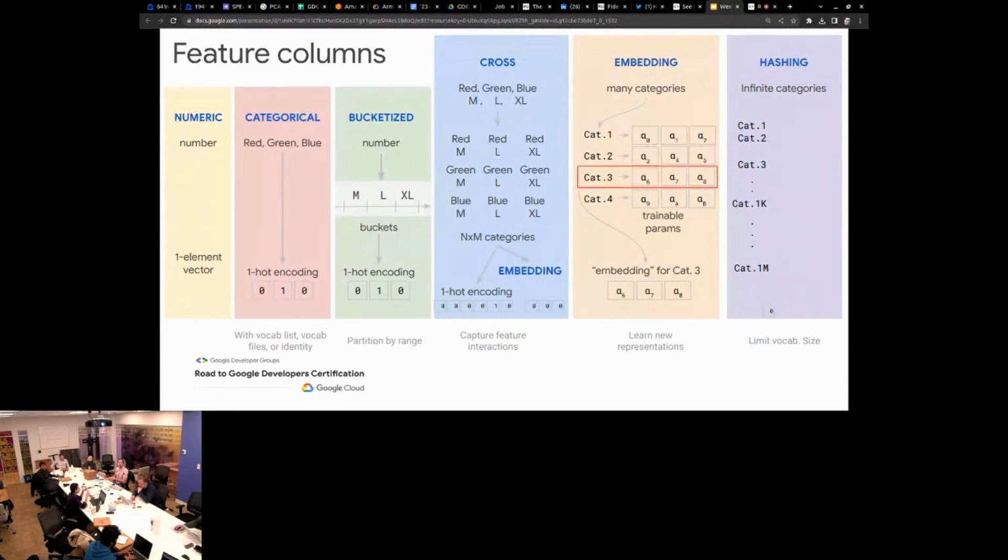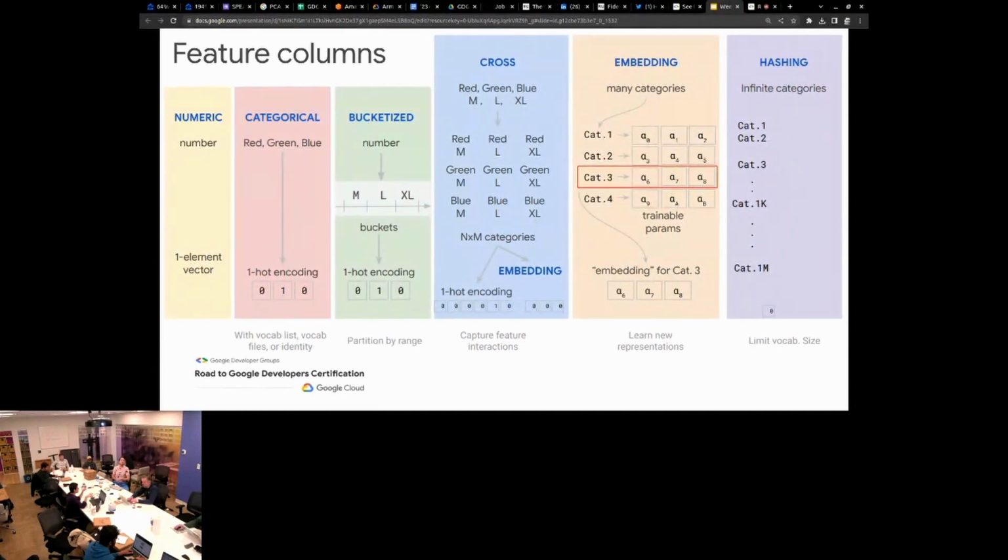Instead, you are reducing the resolution of this number to some labels, some strings, and turning those strings into one hot encoding. So suppose you have a number for the waist measurement, and you can turn it into medium, large, or extra large based on the size ranges, and turn those strings into one hot encoding.